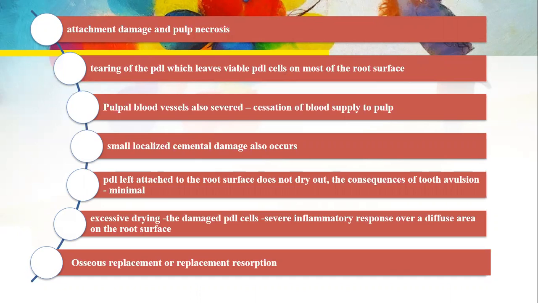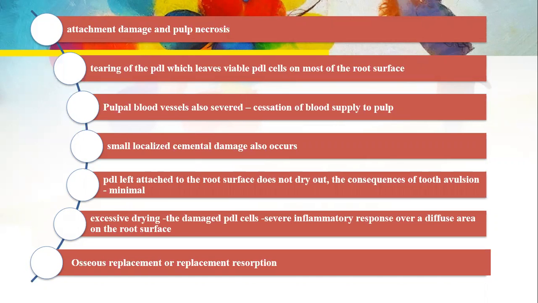The blood vessels also get severed, with cessation of blood supply to the pulp. Small localized cemental damage might also occur due to the force impinged on the tooth. If the PDL left attached to the root surface does not dry out, the consequence of tooth avulsion will be minimal. If the remnant PDL cells are not dried out, the prognosis will be much better.